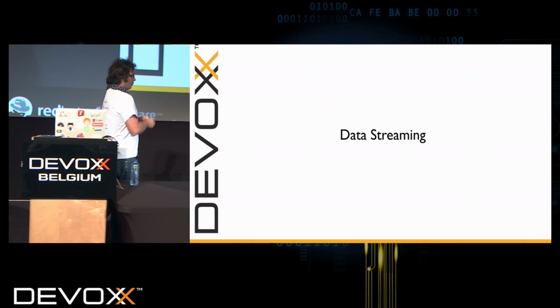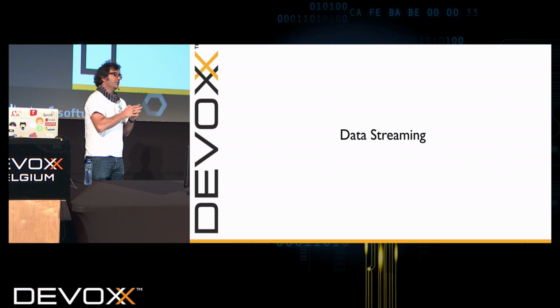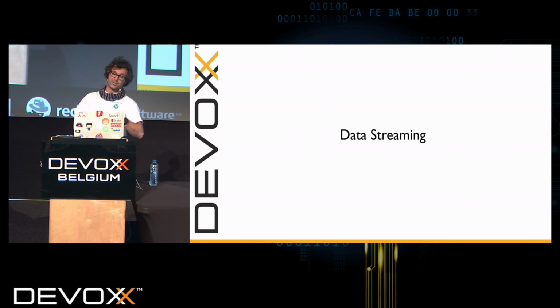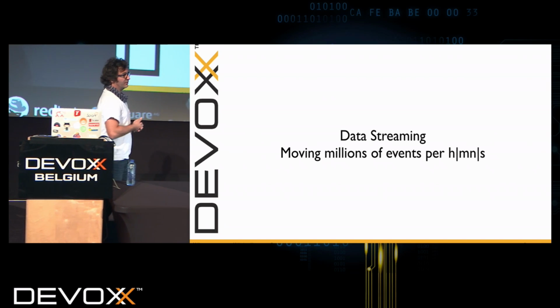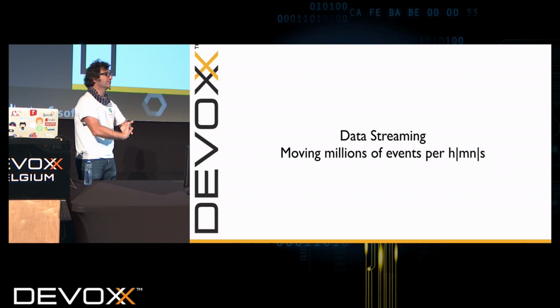So one of the other challenges when you talk about data in real time is how do you stream the data inside the system. I talked a little bit about Kafka, using Kafka as an API. And what you have to look at is how many messages, how many events you will manipulate, moving millions of events per hour, minute, or second, depending on your business.